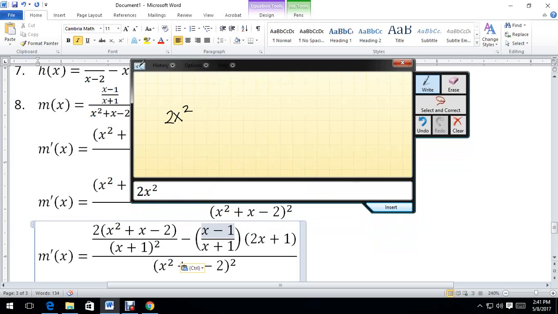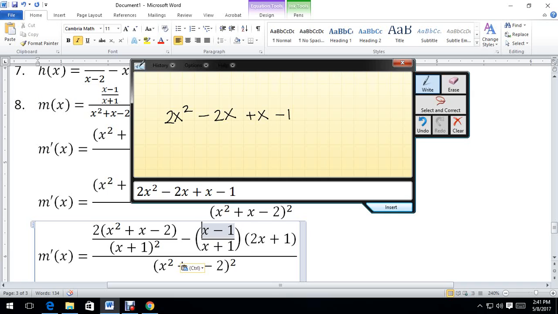Next would be you have 2x times negative 1, so that becomes minus 2x. Next is x times 1, that would be x. Next is negative 1 times 1, that would be negative 1. And we can write actually this one as 2x squared minus x plus 1.